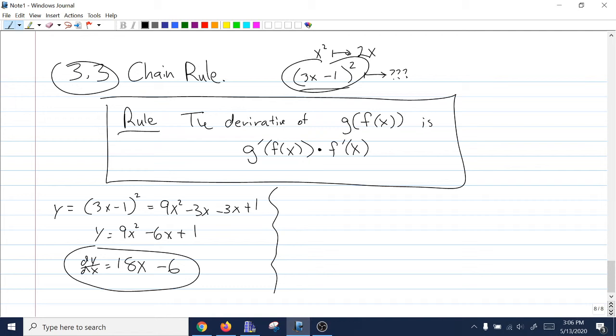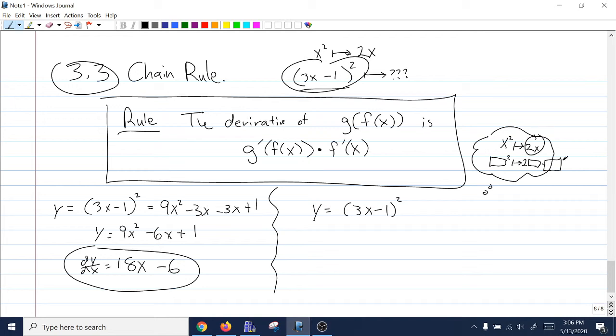How would I do this with the chain rule? This is something squared. I would be thinking to myself, I have something squared. The derivative of x squared is 2x. According to the chain rule, the derivative of stuff squared is 2 times stuff times the derivative of the inside.